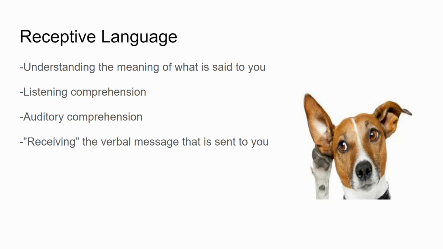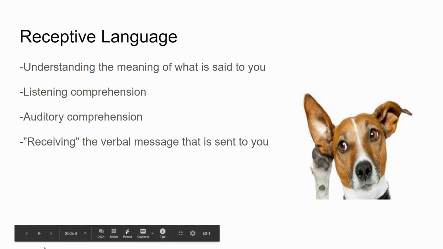So if your kids are at a grade level where they are listening to stories being told to them and answering questions, that's receptive language. That's not reading comprehension, that's listening comprehension because they're not reading it themselves, they're listening to you give the story to them. So receptive language is understanding what is said to you.